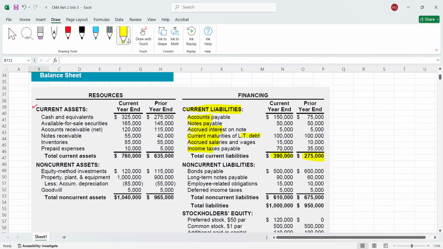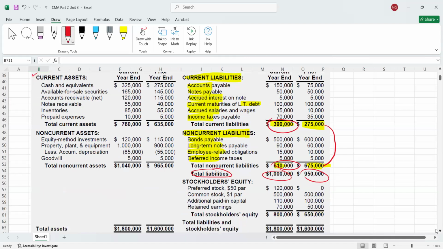And here we got some non-current liabilities like bonds payable, long-term notes payable, employee related obligations like pension related things, deferred taxes. So here we got the total of non-current liabilities. And if you add these two figures, current liabilities plus non-current liabilities, this is your total liabilities. Same here, current plus non-current is total liabilities.